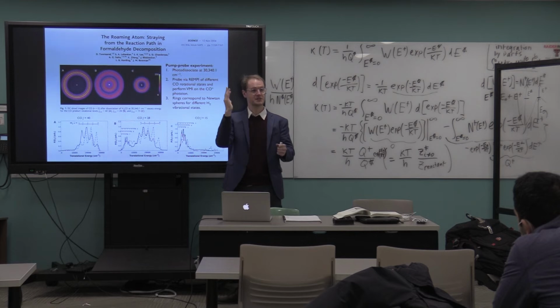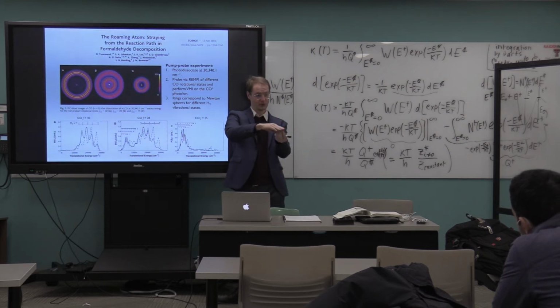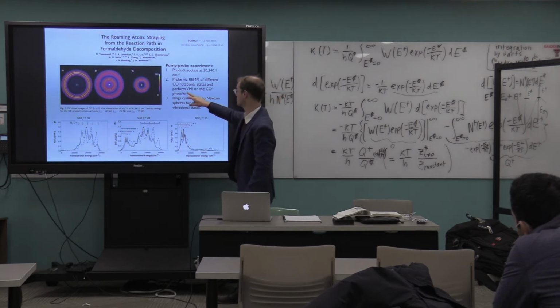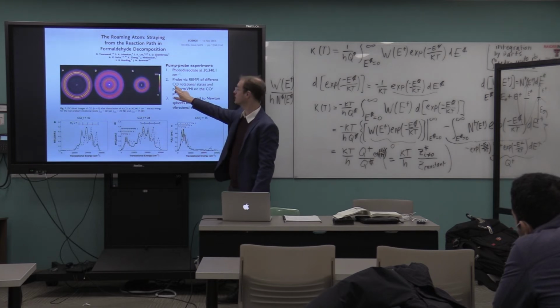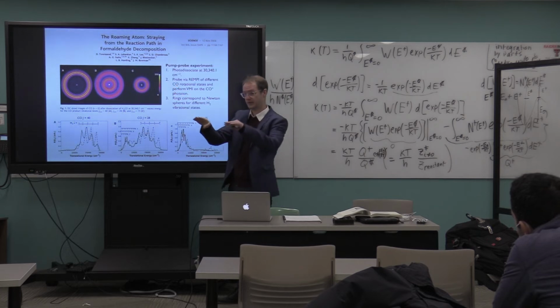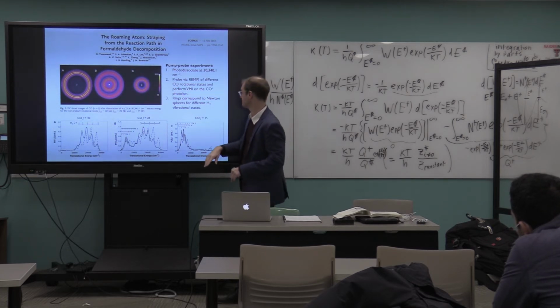So you're detecting the CO in a particular state, right? Because with REMPI, you only get photoions when it's resonant with a transition. So you tune your REMPI laser to a particular CO transition, and if there's CO in the lower state of that transition, then you get CO plus photoions.